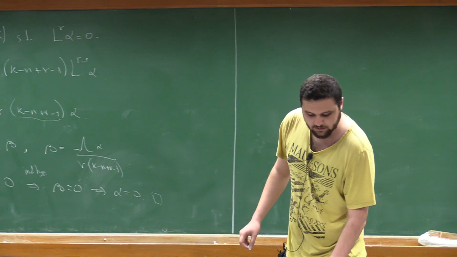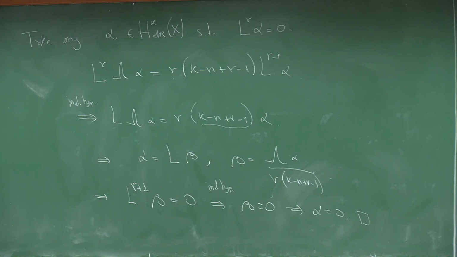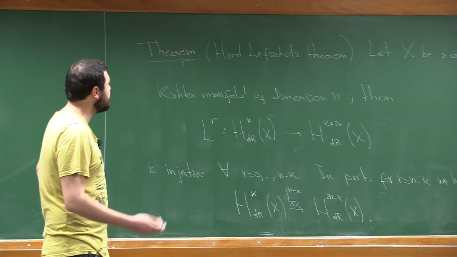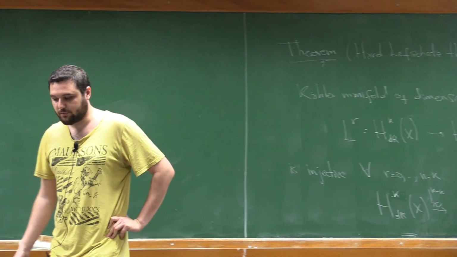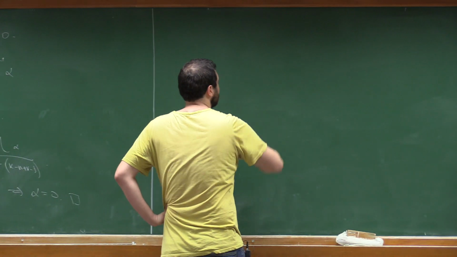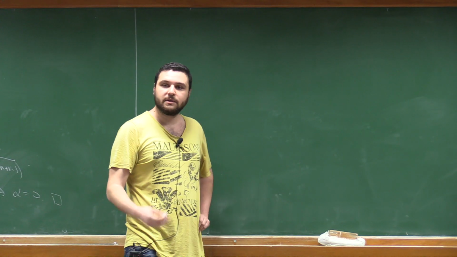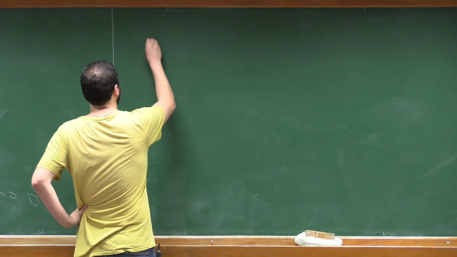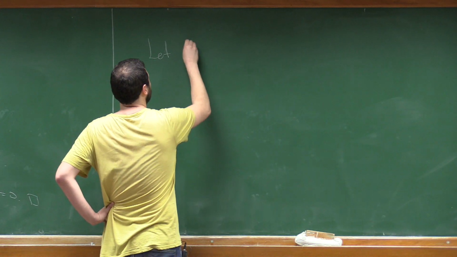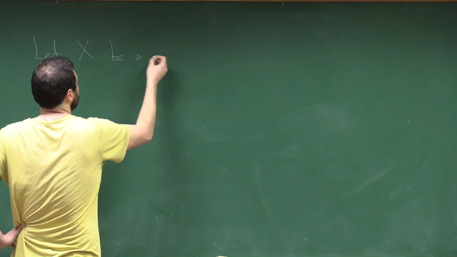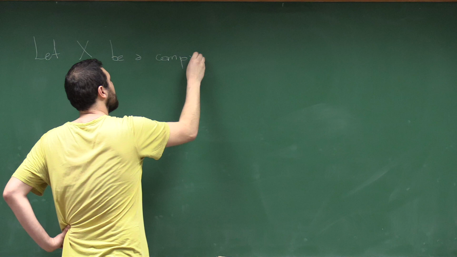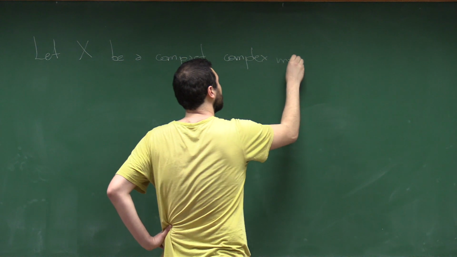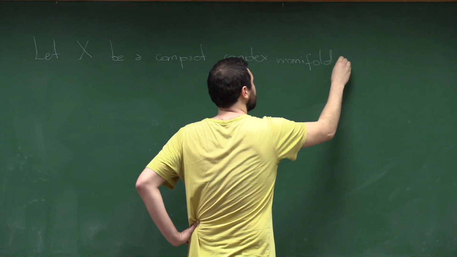Okay, so well, in order to relate this version of the Hodge-Lefschetz theorem with the homological one, we need to look again at this Poincaré de Rham duality map. So again, let X be a compact complex manifold of dimension n.